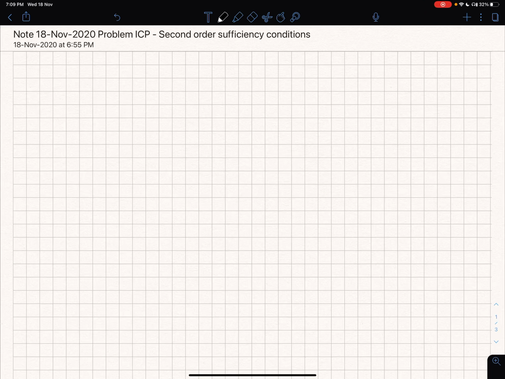All right. So now we will take a look at the second order sufficiency conditions for our problem ICP. And what was our problem ICP?